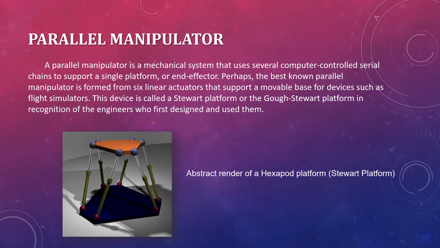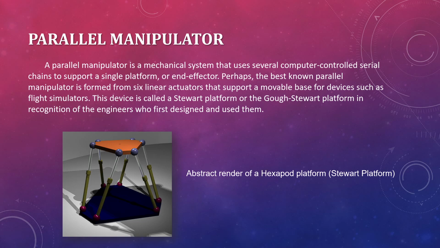Parallel manipulator. A parallel manipulator is a mechanical system that uses several computer-controlled serial chains to support a single platform or an end effector.